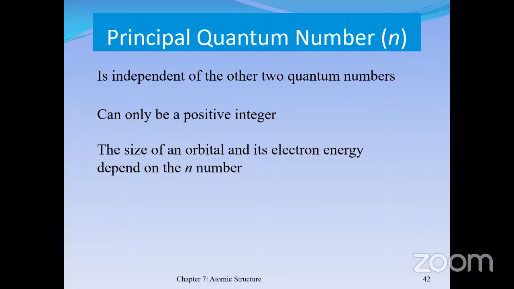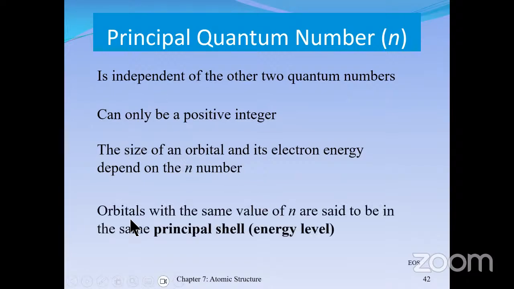The orbital that is closest to the nucleus will have the lowest n value, n equals 1, and then you have n equals 2, and so on and so forth, all right? Orbitals with the same value of n are said to be in the same principal shell or energy level. We're going to talk more about that shortly. All right, so that's the first quantum number that you need to know about.